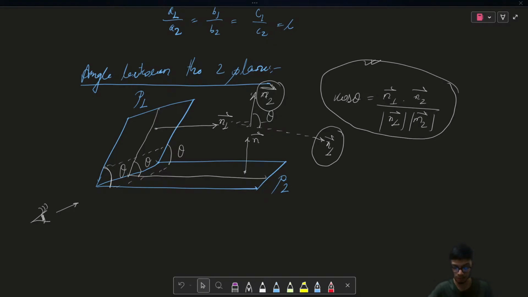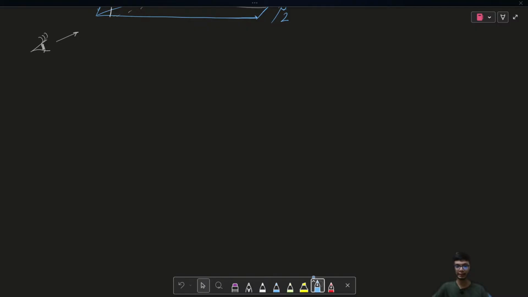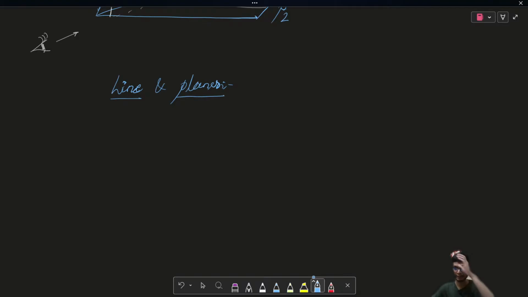In today's class, we are going to discuss another very important concept regarding the line and the plane. So today we'll start to discuss lines and planes. First and foremost, we'll look into the equation of the plane through a given line.